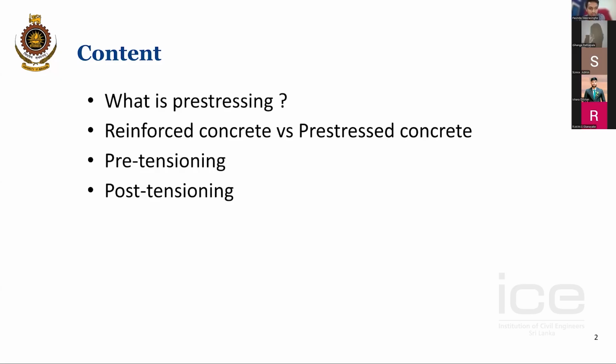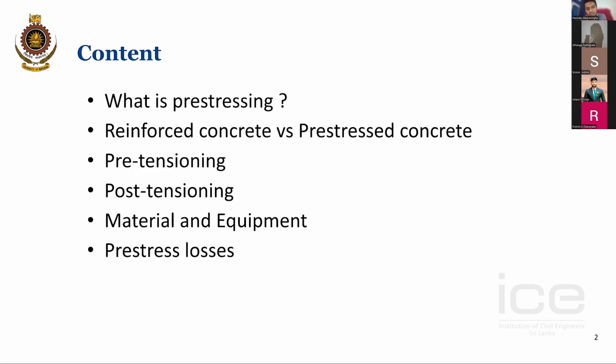I will discuss them, and the different materials and equipment needed for the production of pre-stressed elements. With time, the pre-stress that you applied will be lost due to short-term and long-term pre-stress losses, so we'll briefly discuss those aspects. And finally, the design methodology for a pre-stressed concrete element. Right, so that is the basic outline for today's workshop.